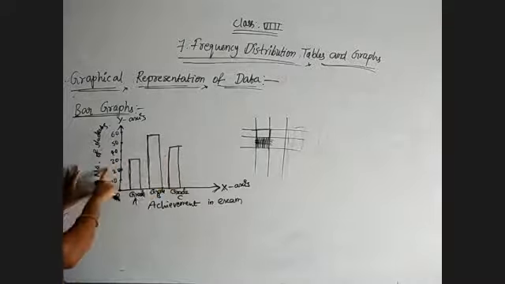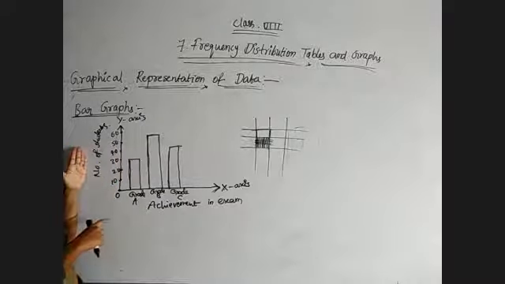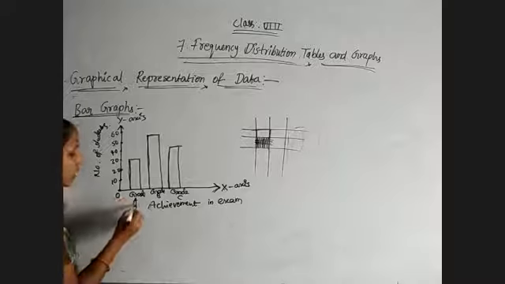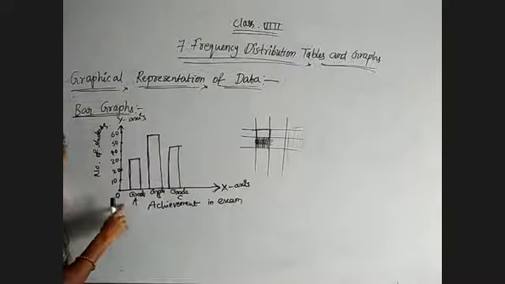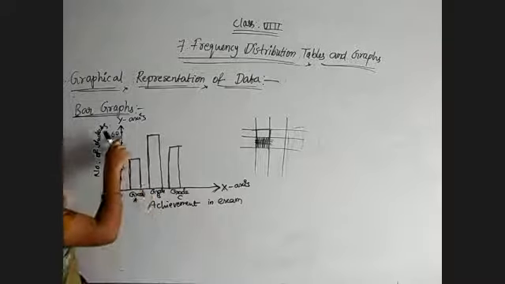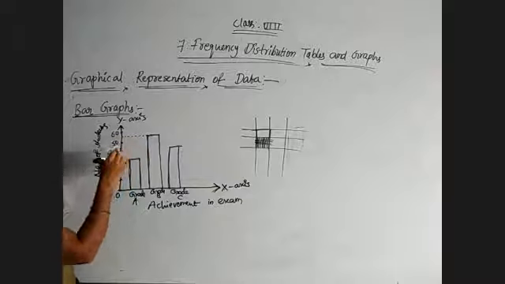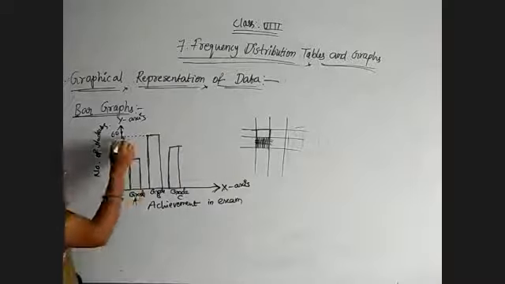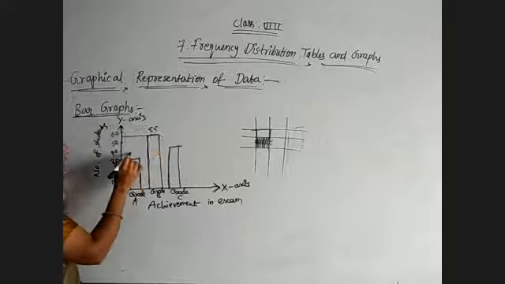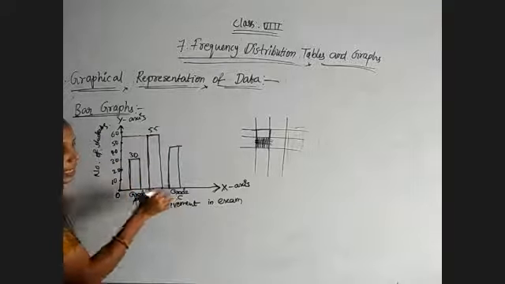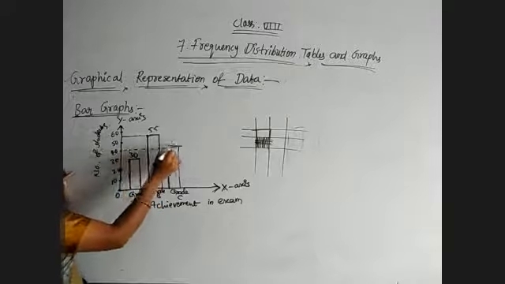By observing the y-axis, these numbers represent the number of students. Grade A, 30 students scored grade A marks. Grade B marks scored by, see, this is exactly given in between 50 and 60 in the graph paper, that fifth line they have mentioned, so it is 55. Next, grade C marks are scored by a total of 40 people.